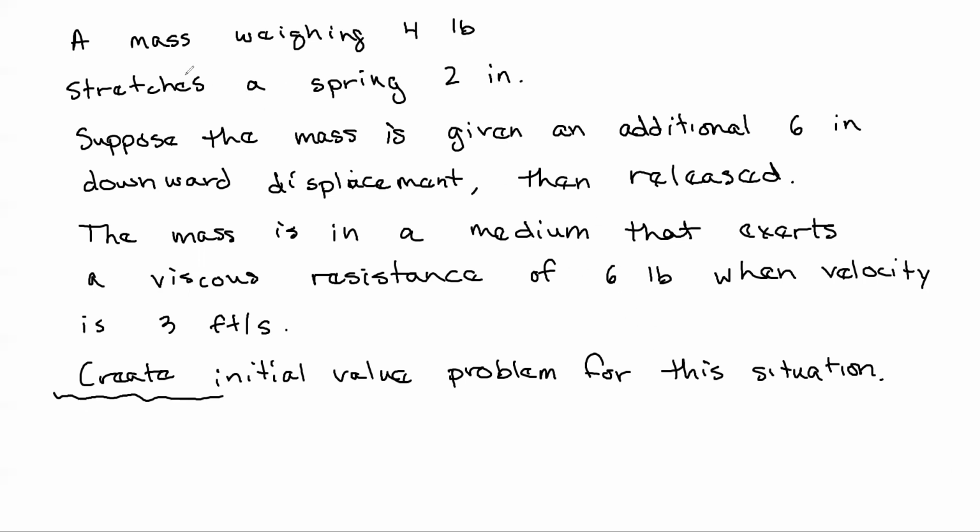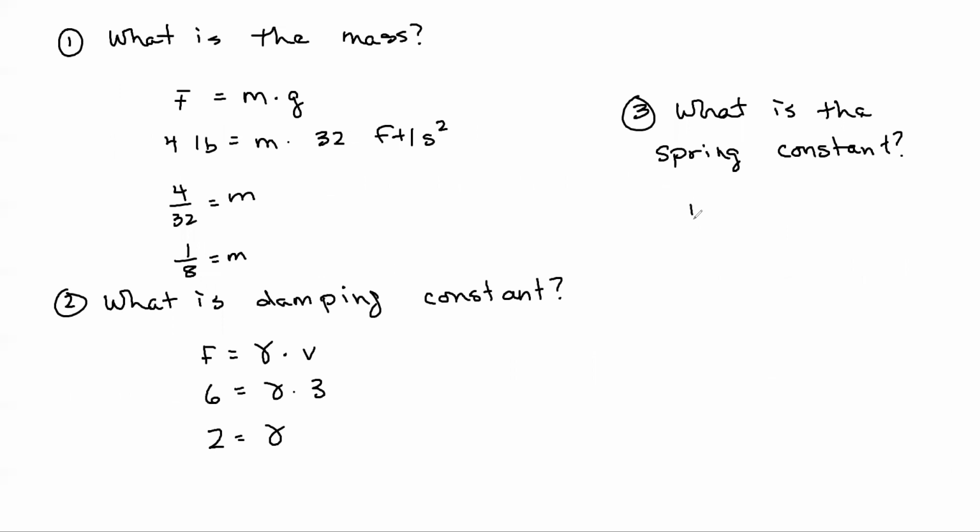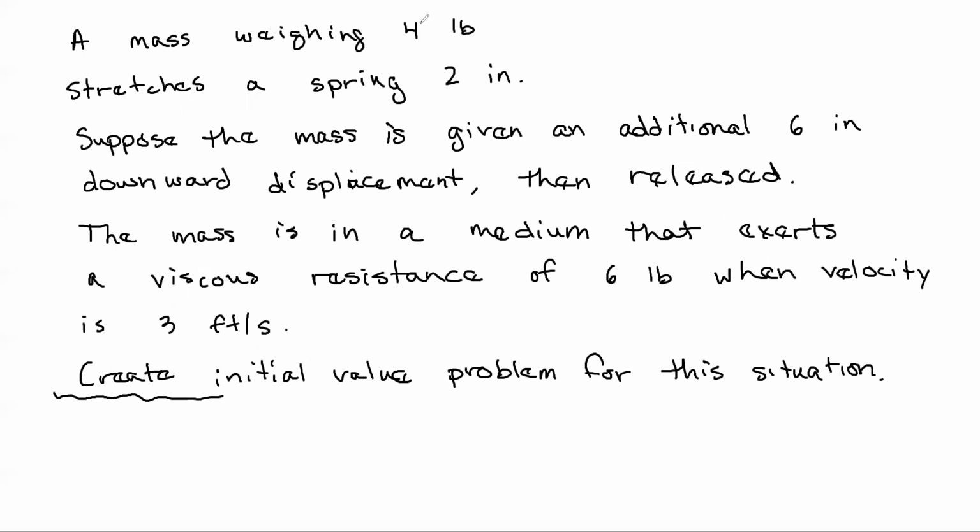So we haven't used that yet. The stretching is the part of the problem that you use for finding the spring constant. So that's the key. What do we know about the spring constant? We know that force equals the spring constant times elongation. The force from the object you're putting on it is what we're going to use there.